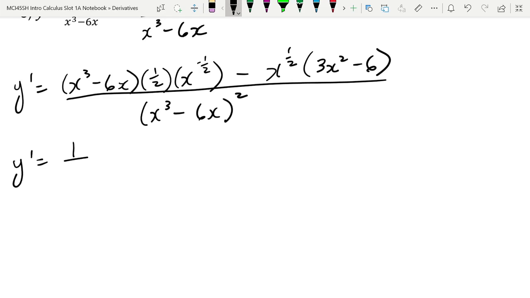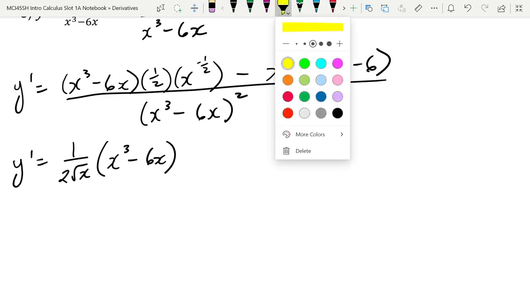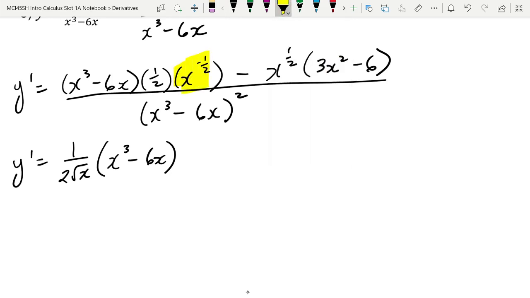That's like saying 1 over 2 root x. So everybody get what I did? I combined this guy and this guy to make that guy. So far, so good?